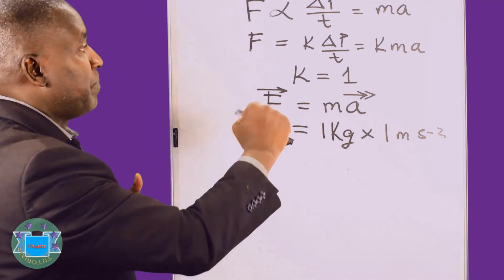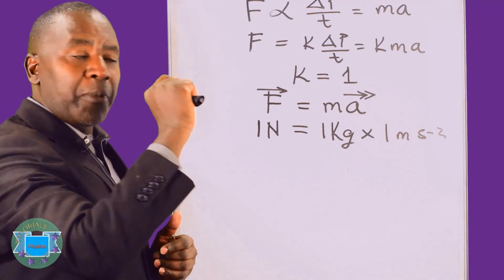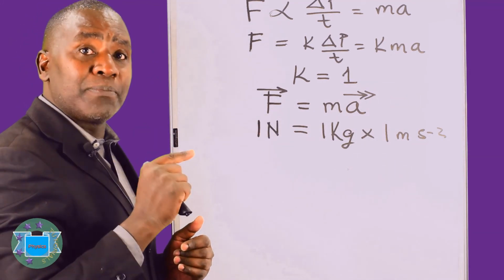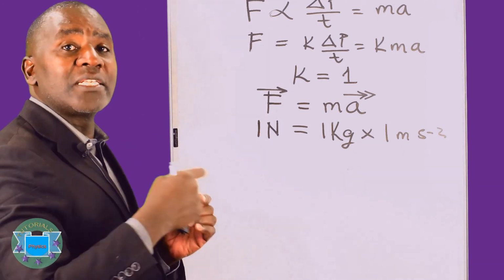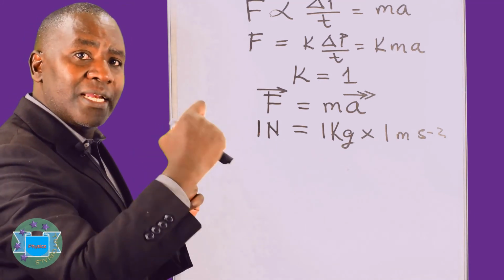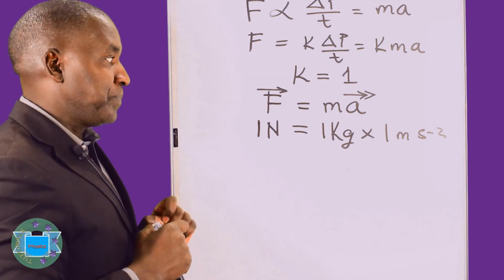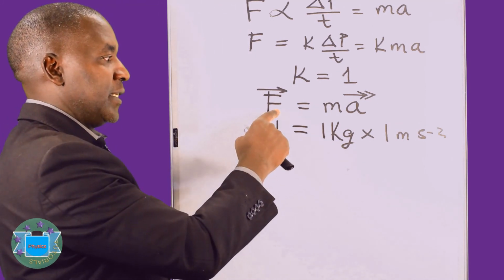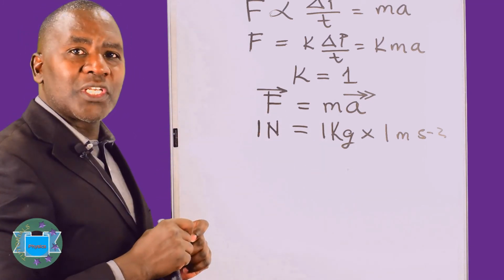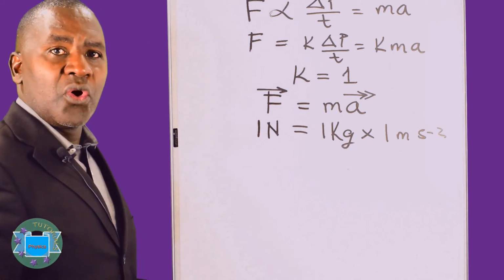And we say that the rate of change of momentum of an object is directly proportional to the resultant external force acting on the object and takes place in the direction of the force, or in its own direction. When you see that word, it means it takes place in the direction of that resultant force. After that, we defined force as rate of change of momentum, stated the SI unit of force as Newton, and then we have defined the Newton, that is 1 Newton.